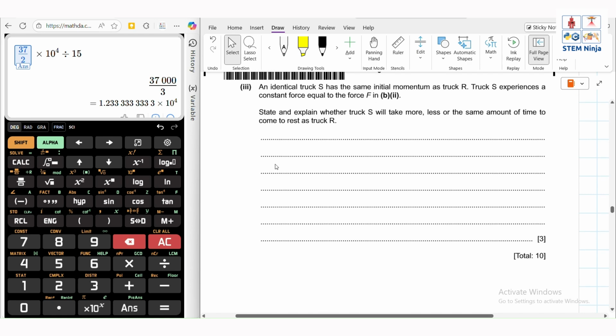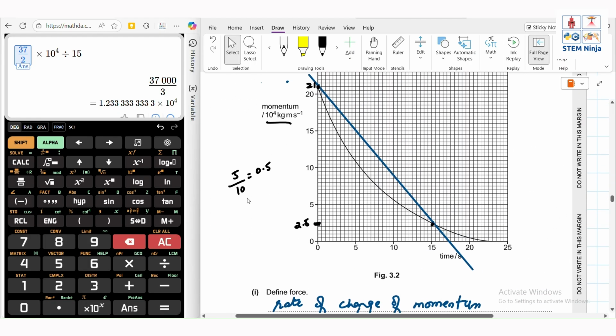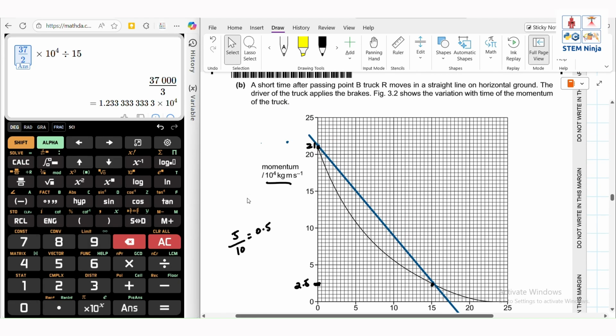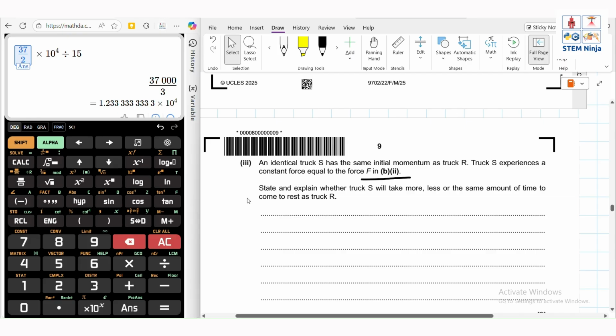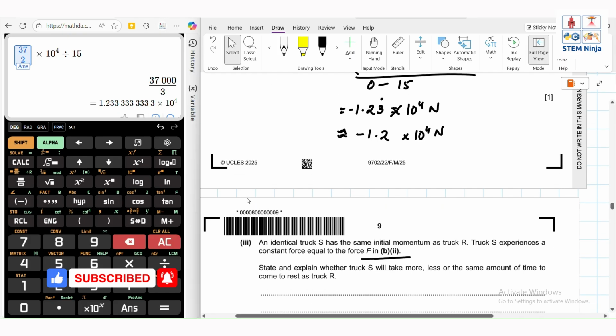Okay. An identical truck S has the same initial momentum as truck R. Truck S experiences a constant force equal to the force F in B. State and explain whether truck S will take more or less or the same amount of time to come to rest as truck R. So if they have the same initial momentum, and it is experiencing a constant force equal to this stopping force, or braking force, or resistive force also.